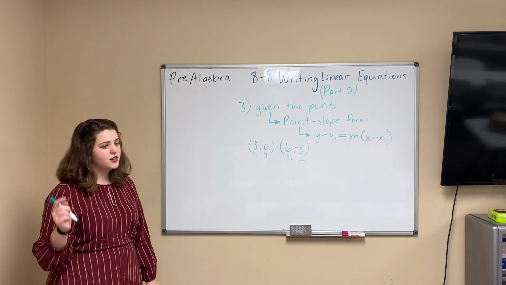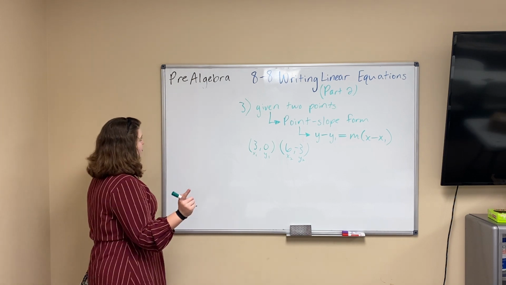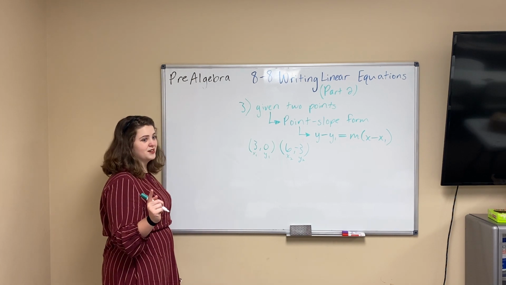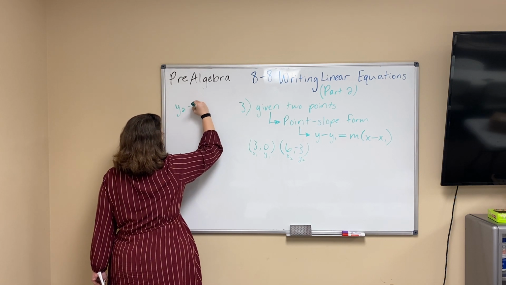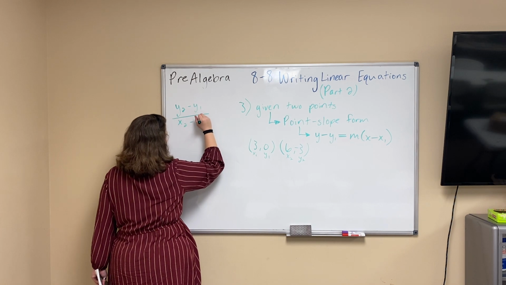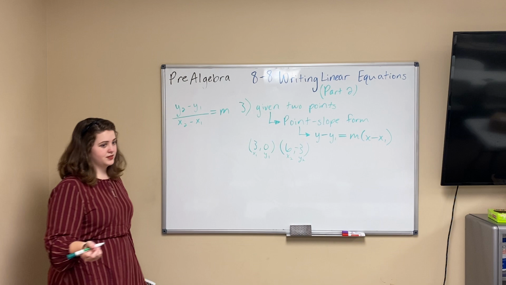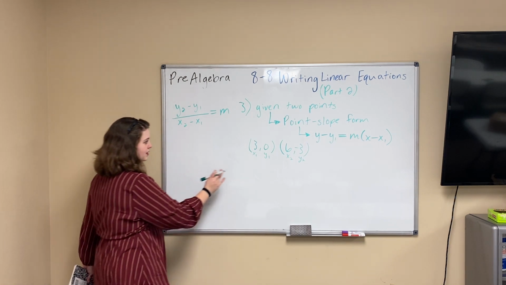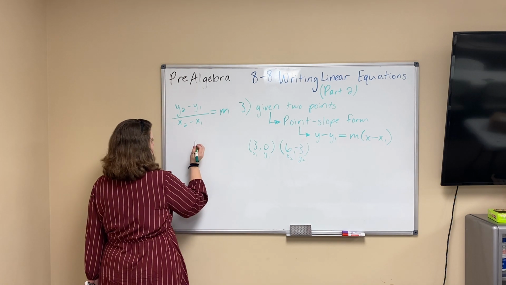Now remember, to find our slope, we have to use which equation? See if you remember. It looks like this. y2 minus y1 over x2 minus x1. That's going to give us our slope. So we're going to plug our points in that they've given us into our slope equation.